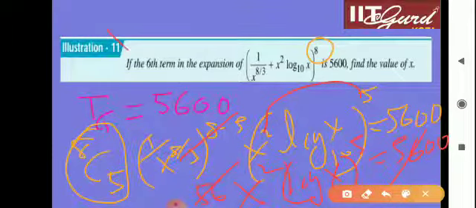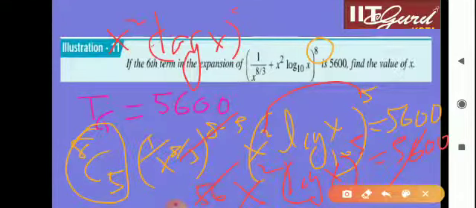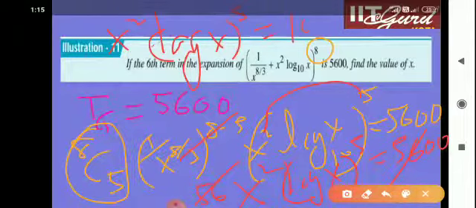So finally we get x square into log x base 10 to the power 5 is equal to 100. So what do you have to write over here? Make this equality. X square log x base 10 to the whole power 5 is equal to 100.